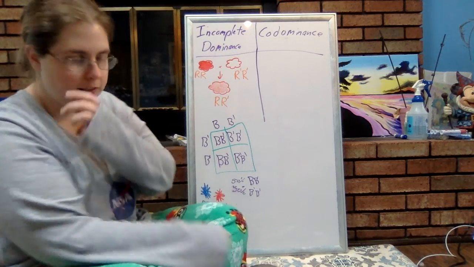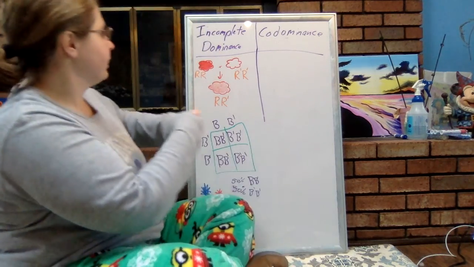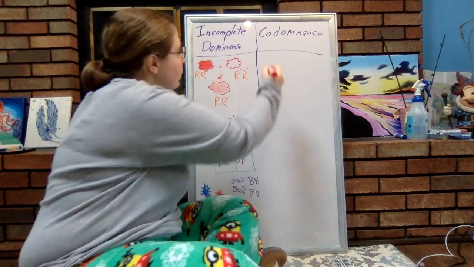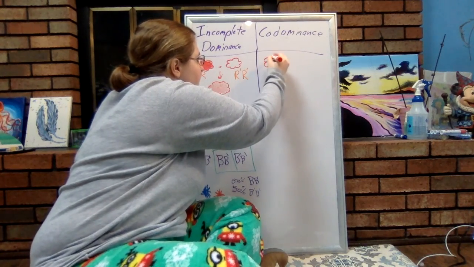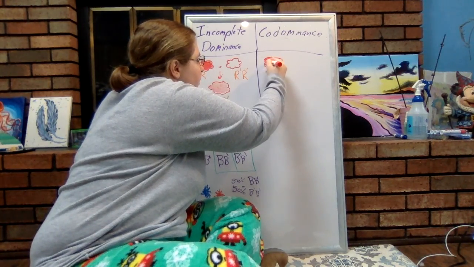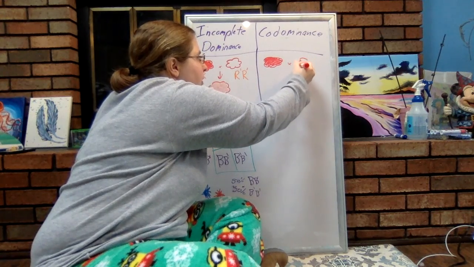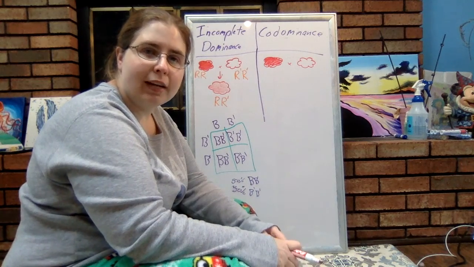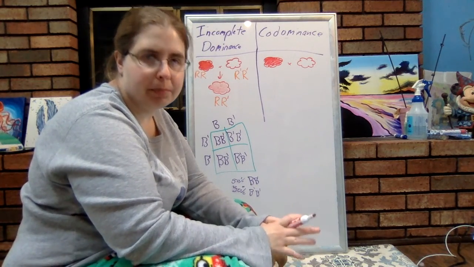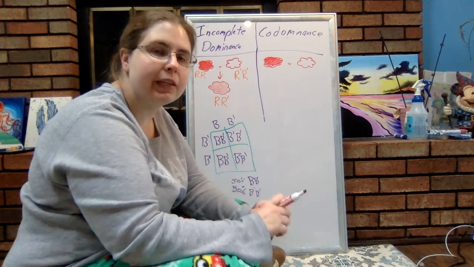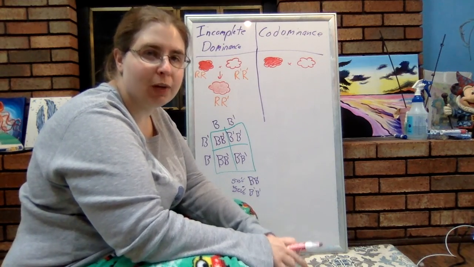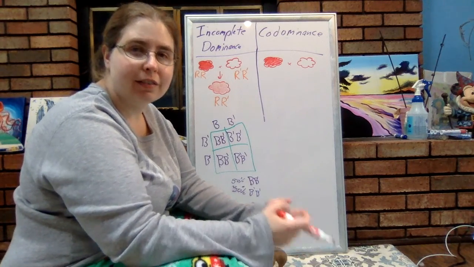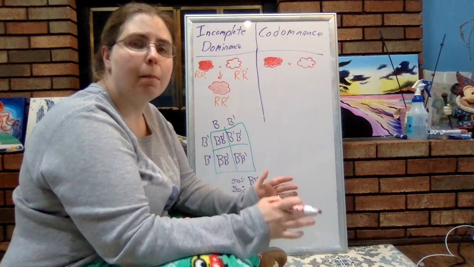So going back to our flower example, if we have a homozygous red flower and we cross it with a homozygous white flower, now remember, when alleles are dominant, they have to be seen. They will be shown. They will be expressed. Now, since both of those alleles are dominant, that means we have to see both traits.